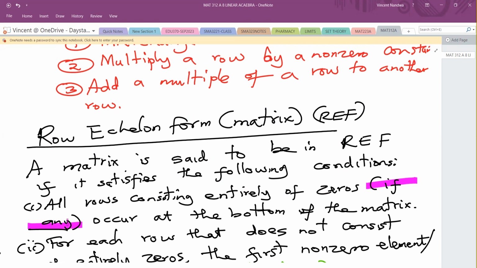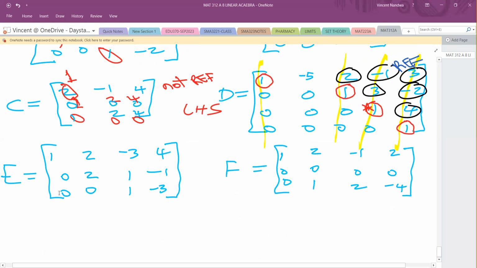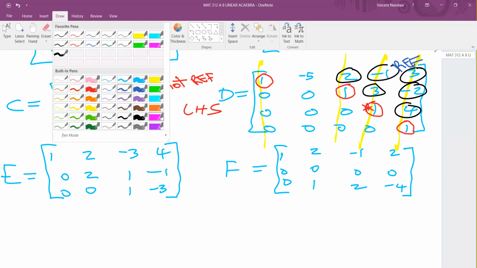It's just that if it happens to have a row with all elements zero, then it should be at the bottom, but it does not mean that it needs to have one. So you cannot argue that E is not in reduced row echelon form because it doesn't have a row with zero elements.